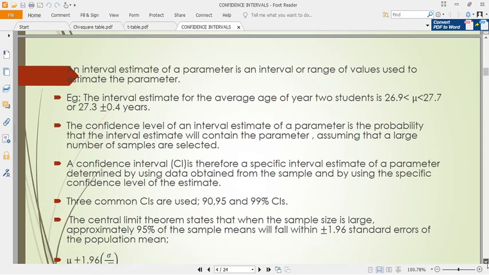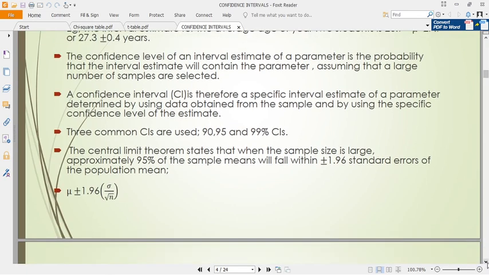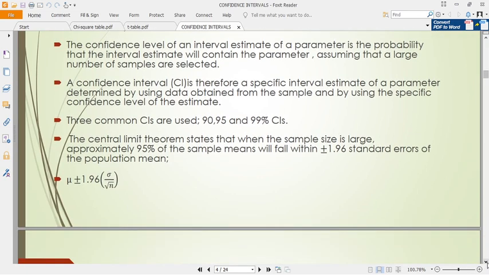So three common confidence intervals are always used. We use the 90% confidence interval, 95% and 99%. And using what we call the t-tables or the central limit theorem, when the sample size is large, at 95% confidence level, the sample mean falls within 1.96 standard errors.